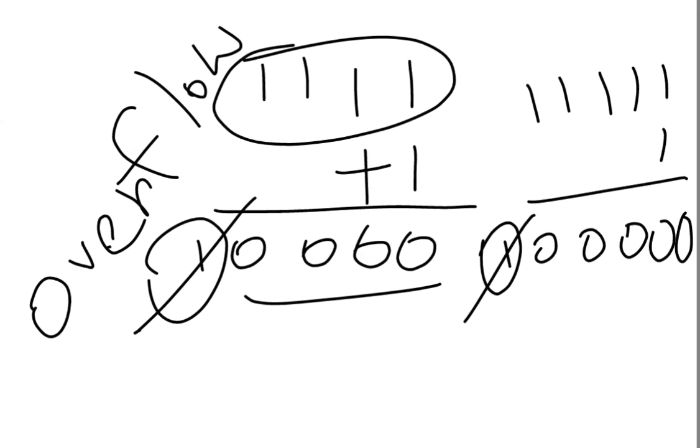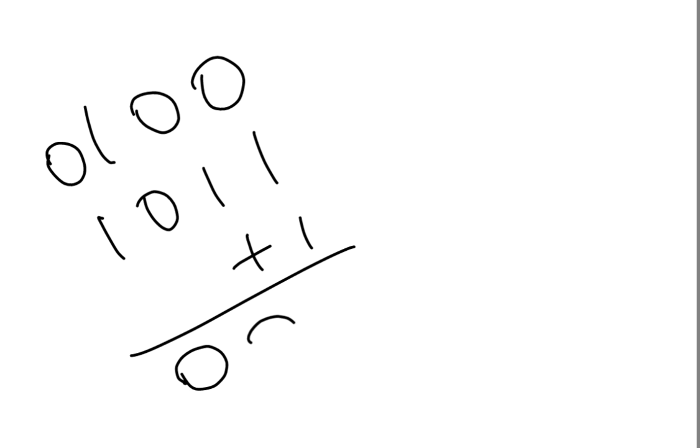And this means that the sum of the original number 0100 and its inversion along with 1 is 0000 if you simply ignore the 1 at the end, which is an overflow.